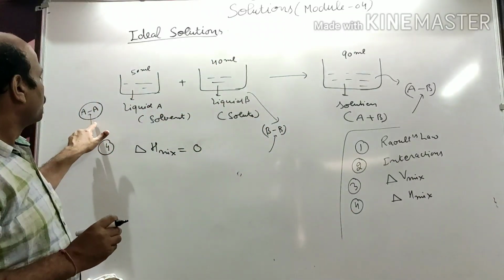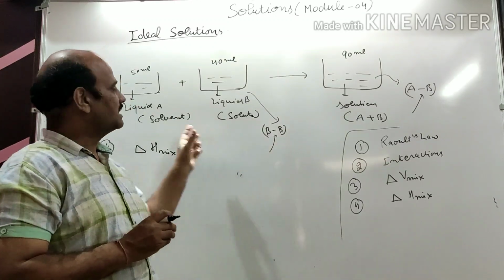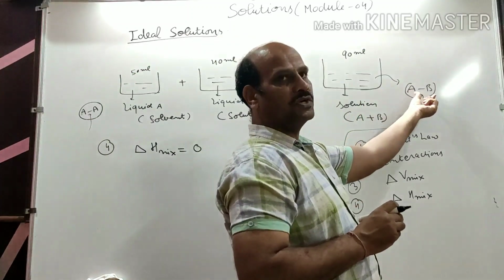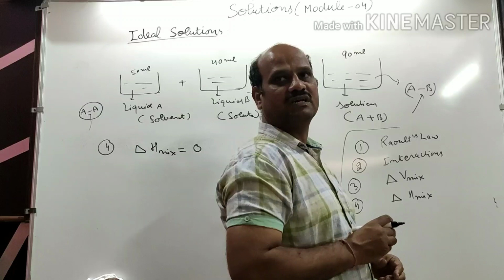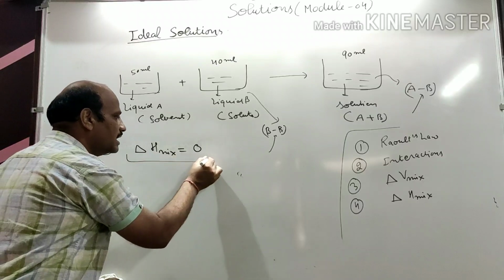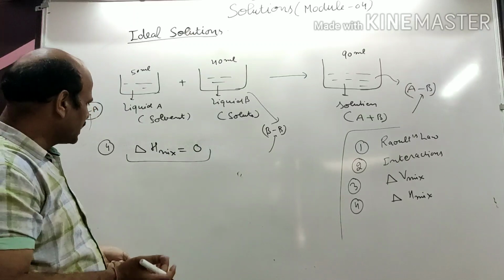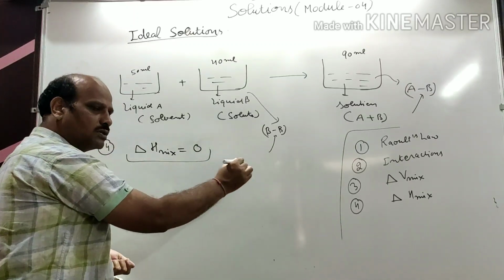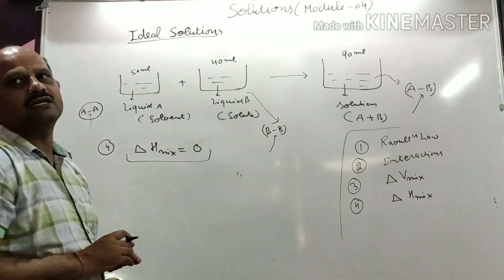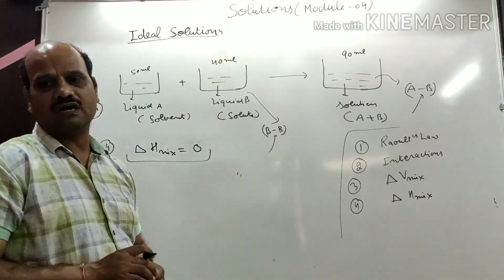Suppose here 40 kilojoules of energy is required and here 30 kilojoules is required. The total energy required is 70. In bond formation, the same energy is released, that is 70. So the result will be 0. There is no evolution or absorption of heat during mixing, no exothermic process and no endothermic process. Such solutions are called ideal solutions.